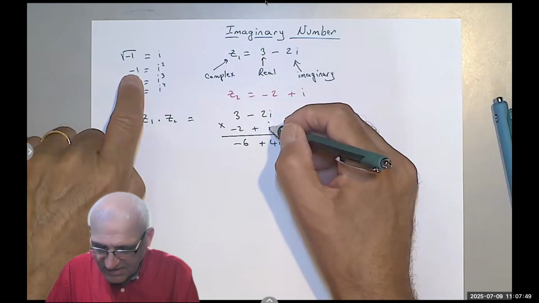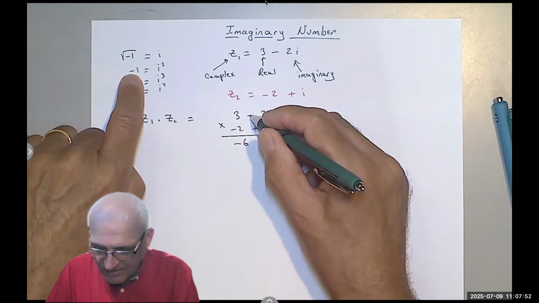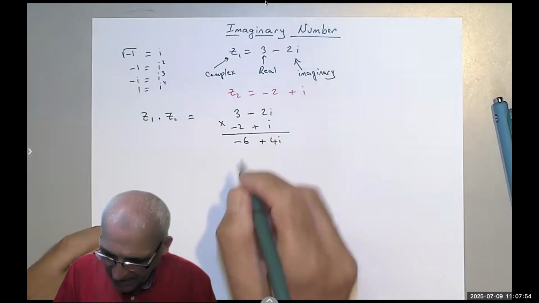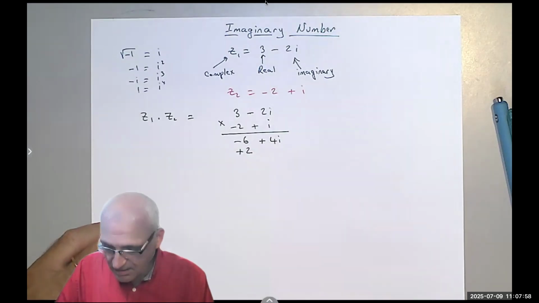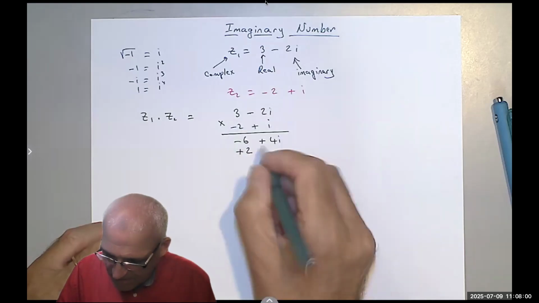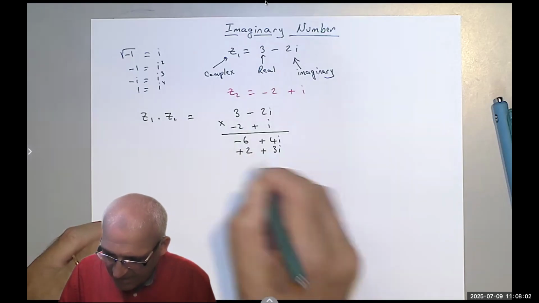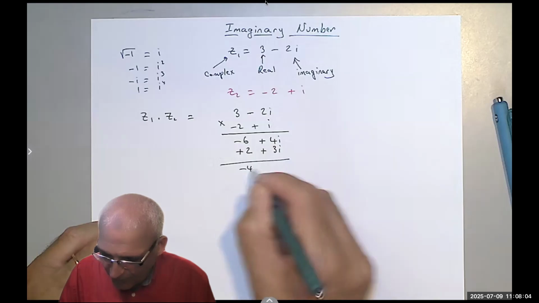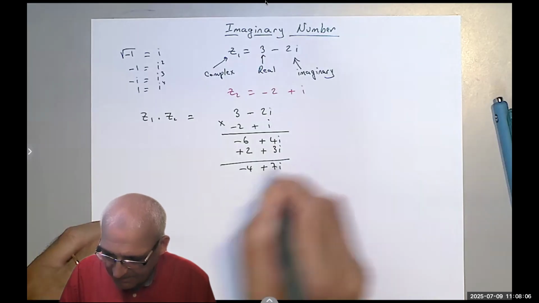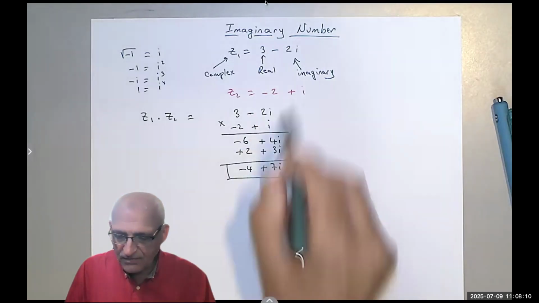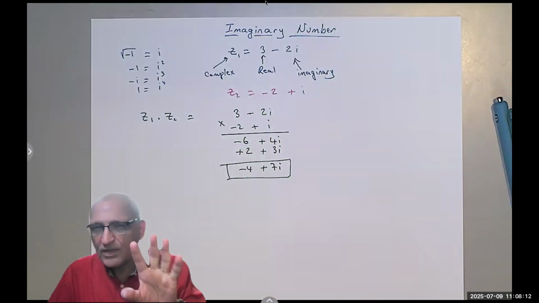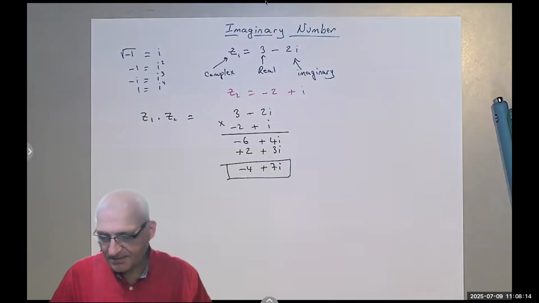So this times this is negative, times negative is positive, times 2 is +2. And finally, I times 3 is positive 3i. So the answer is -4 plus 7i. That's the multiplication of these two. And we'll see what this means later.